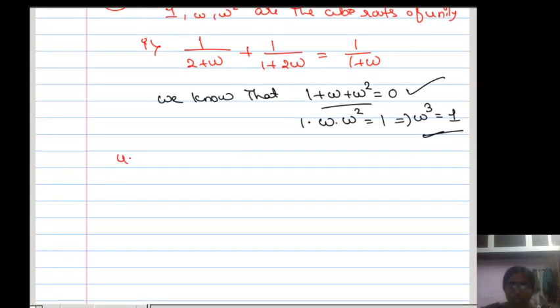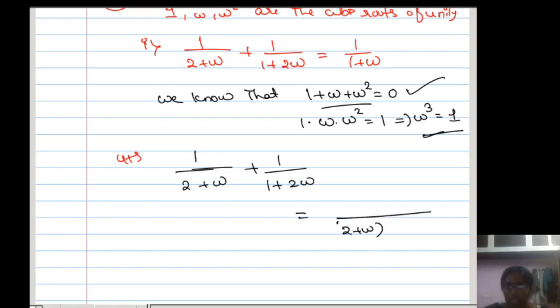So whatever we do, I am using these. What is LHS? 1 by (2 plus omega) plus 1 by (1 plus 2 omega). For this, I am taking the LCM: (2 plus omega) into (1 plus 2 omega).